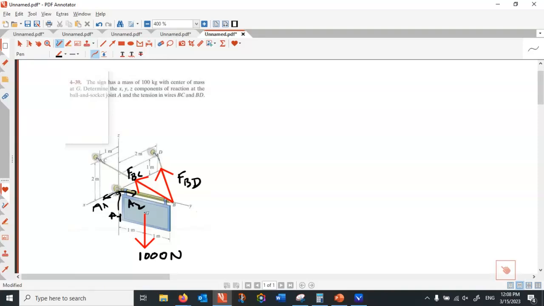So here, how many equations do we have? 1, 2, 3, 4, 5. How many equations do we have? 6 equations.